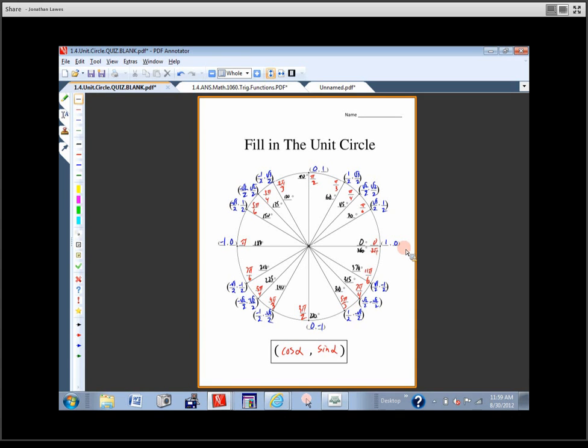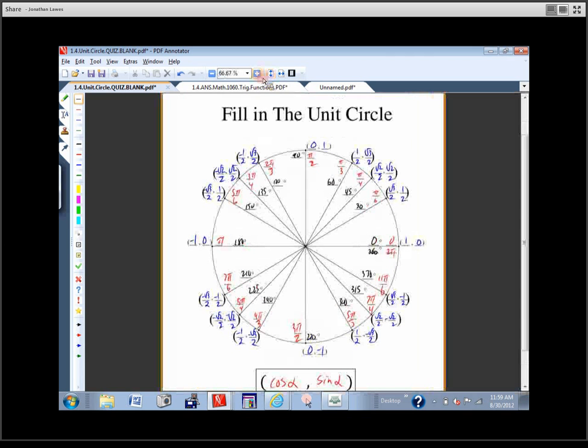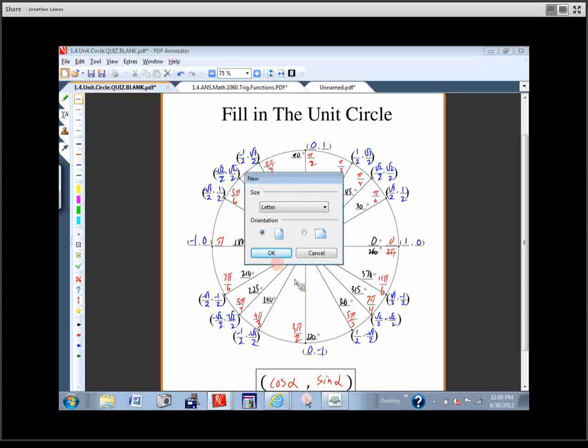Yeah. So on the test, will we be at least given a blank unit circle so we can fill it out and then do it, or do we have to just have it in our minds pictured? Would I give you a blank sheet like this? Sure. If I tested you on the whole thing, I probably would. If you were going to do this on your own, then you'd probably want to do something like this.